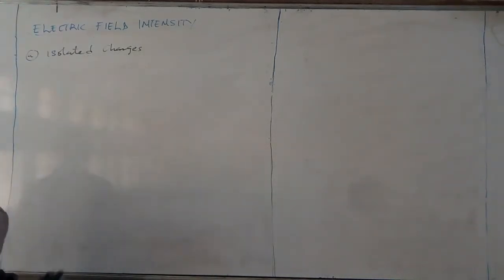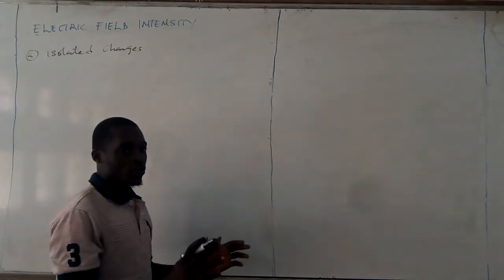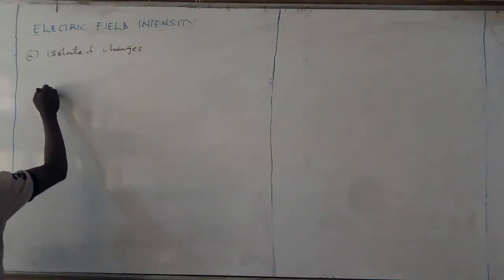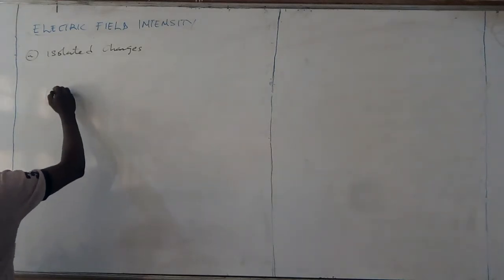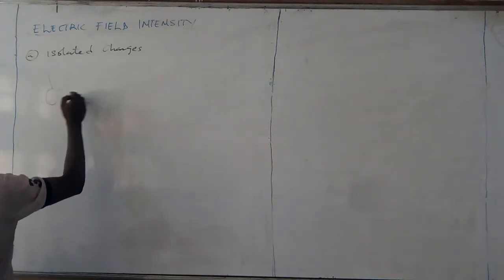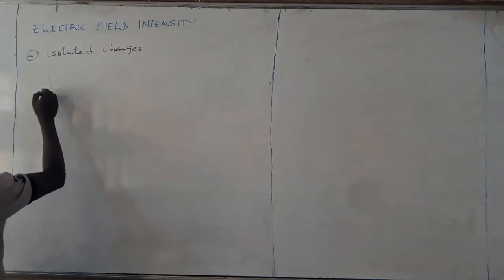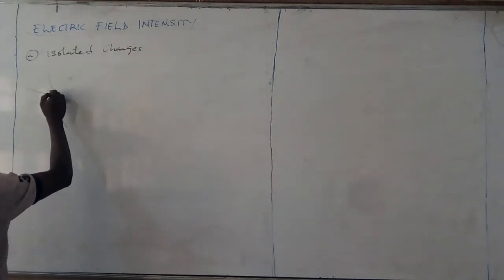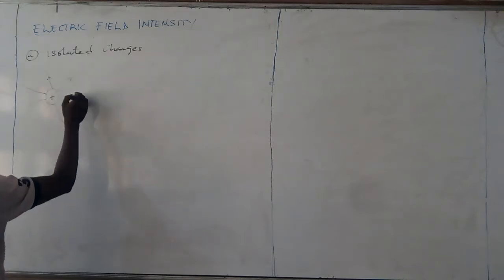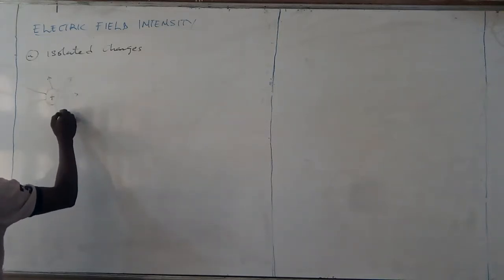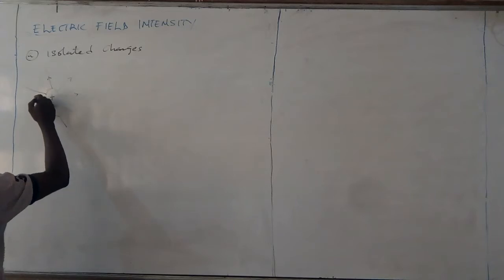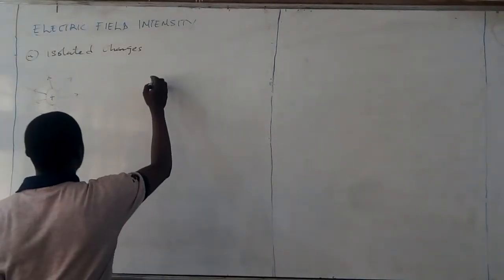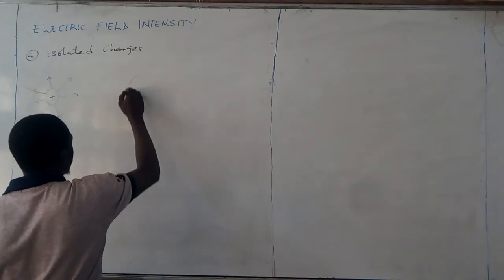For isolated charges, let's say we have a positive charge. The lines always originate from the positive charge, and for the negative charge, they always terminate.